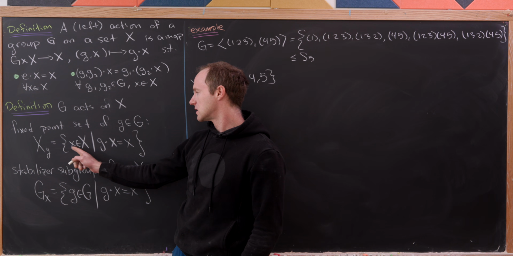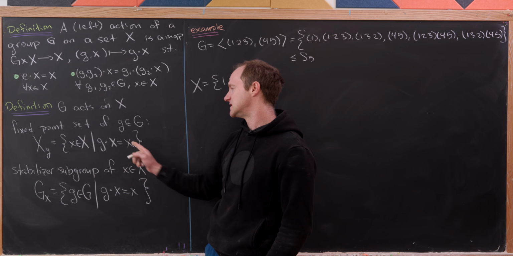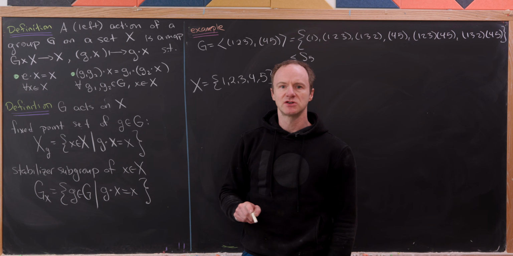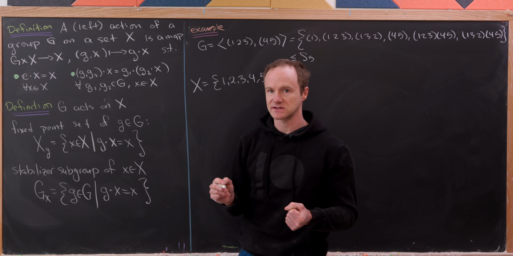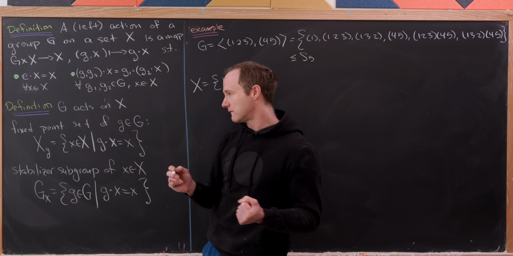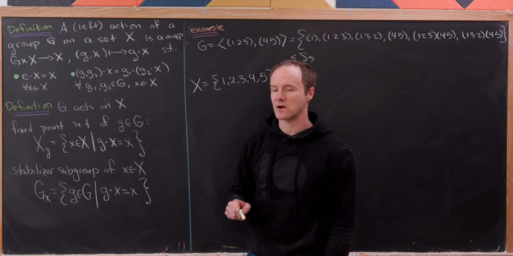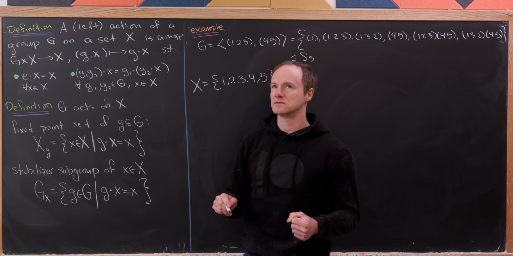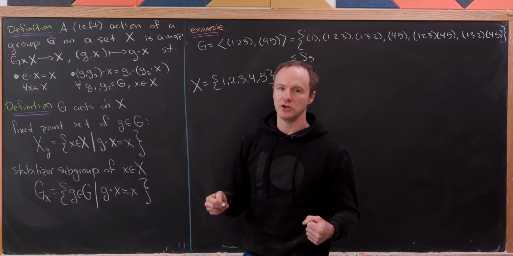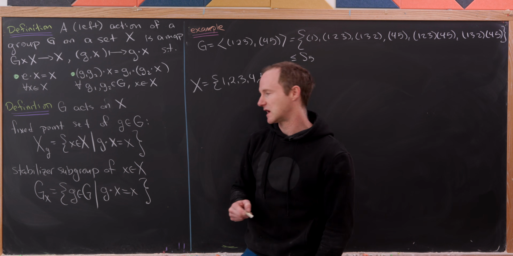And it's going to be all little x in big X where g dot x is equal to x. So check it out. We're sorting through all of the elements of X and picking out all of the ones that are fixed under the action of this element from G. So now let's look at the kind of parallel, or maybe dual, notion to that on the subgroup side.